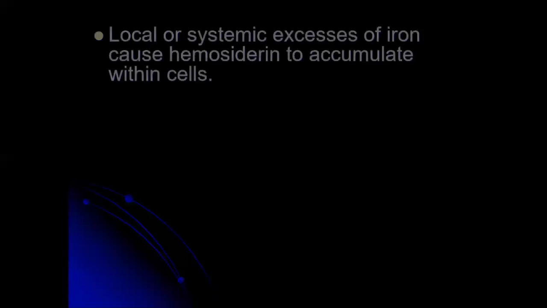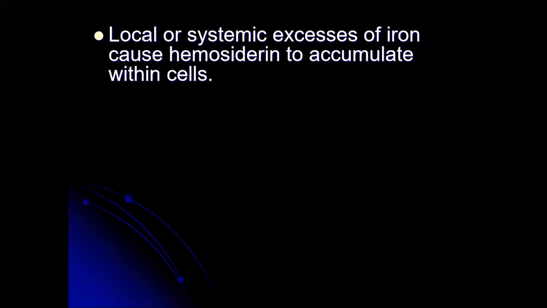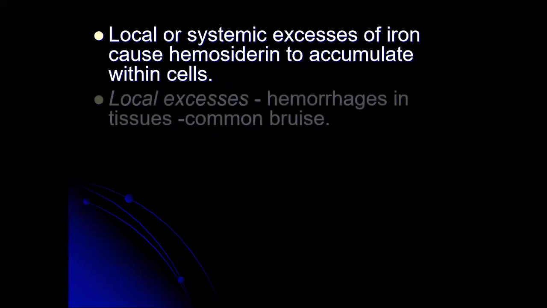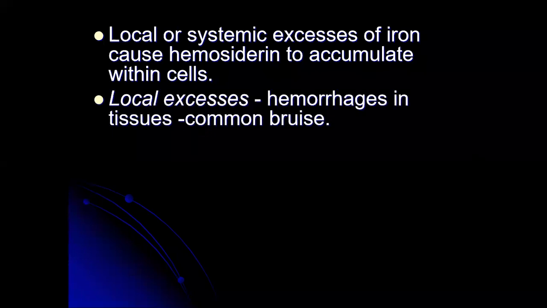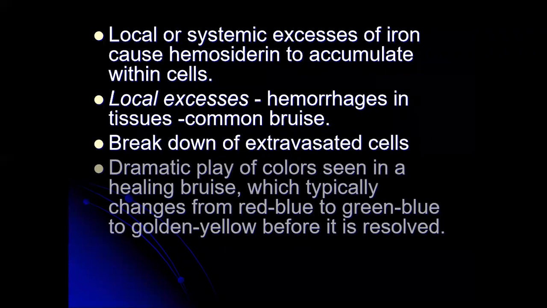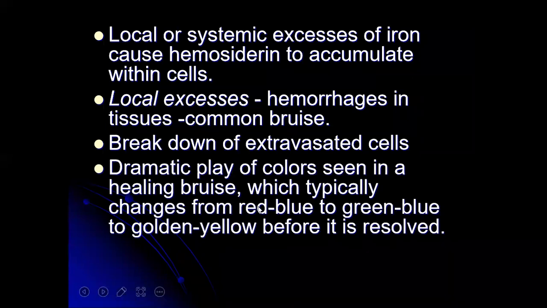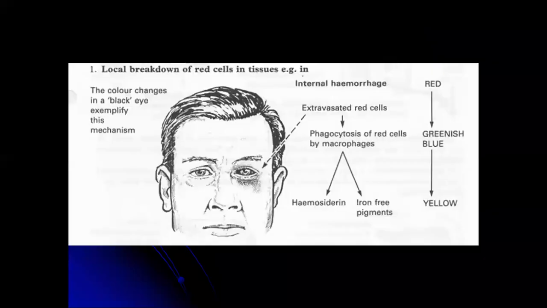You can also find it in local conditions, like where there is a trauma. Let's say you have been hit on the eye and you form some hemorrhage, like a bruise. With breakdown of those red cells, there will be storage of iron in that area. And this is what is responsible for the transformation of what was looking like a reddish or bluish hematoma to eventually a golden yellow, because of iron, which is in excess in that area.